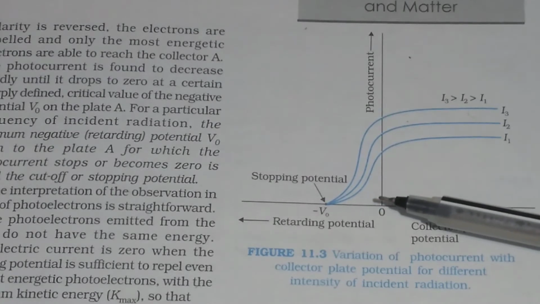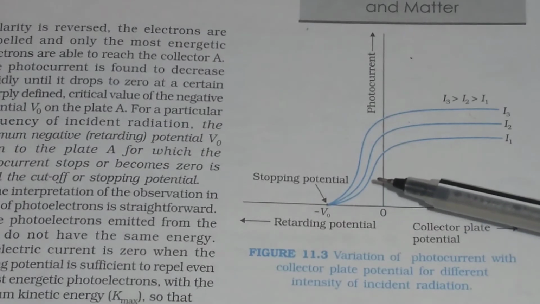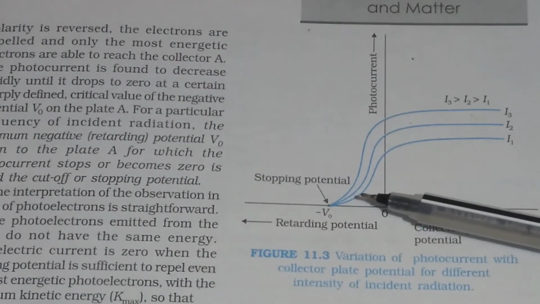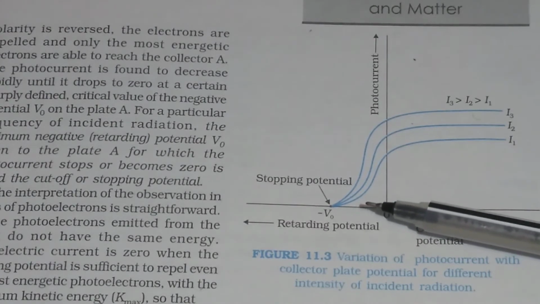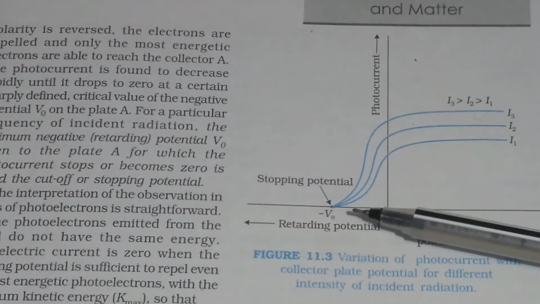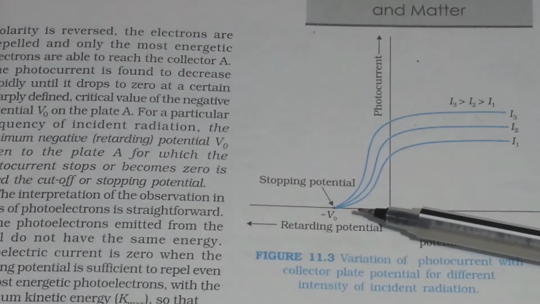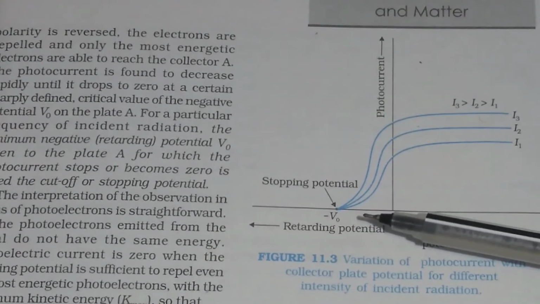So if you increase the retarding potential, then you will see the photoelectric current decreases rapidly and drops to zero. The minimum negative retarding potential V0 for which the photoelectric current stops or becomes zero is called the cutoff or stopping potential.